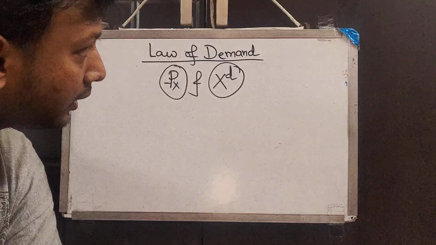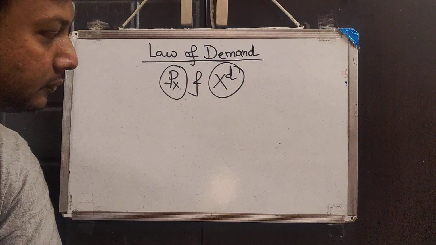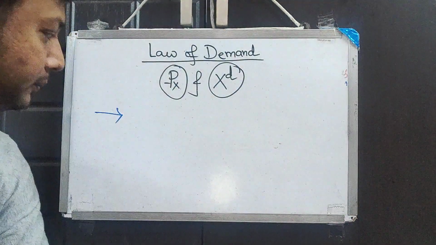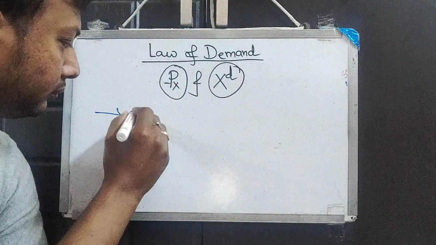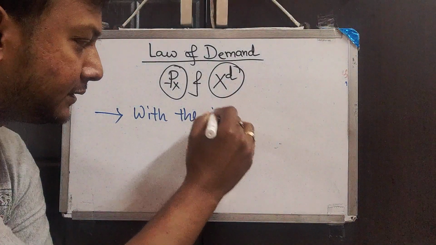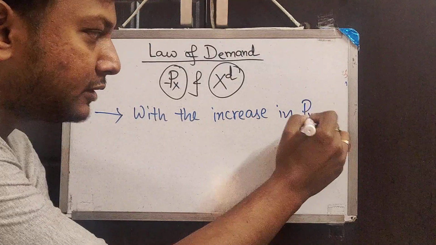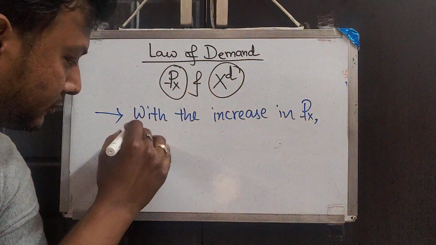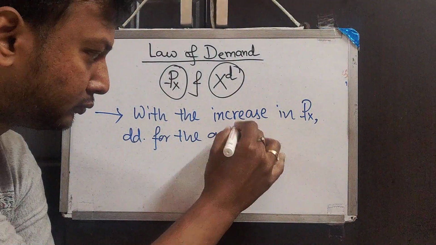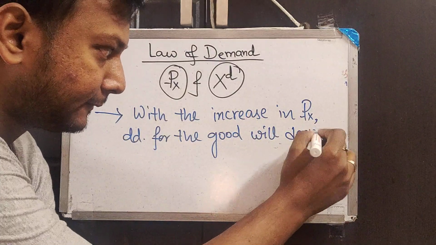Okay. Now, what does the law state? The law states that with the increase in the price of the commodity X, demand for the good will decrease.